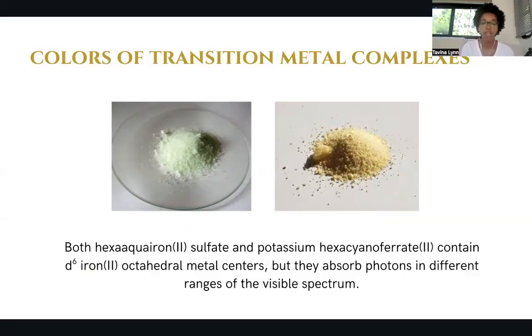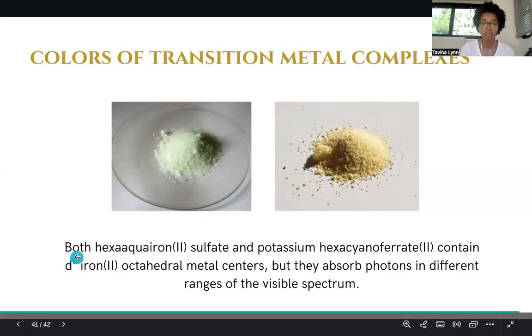So it's iron(II) as the Lewis acid or the metal center for both of these transition metal complexes. And the iron(II) is d6, right? There are six electrons filling the d orbitals. So even though they are both d6, they absorb photons in different ranges of the visible spectrum, so they result in two different colors.